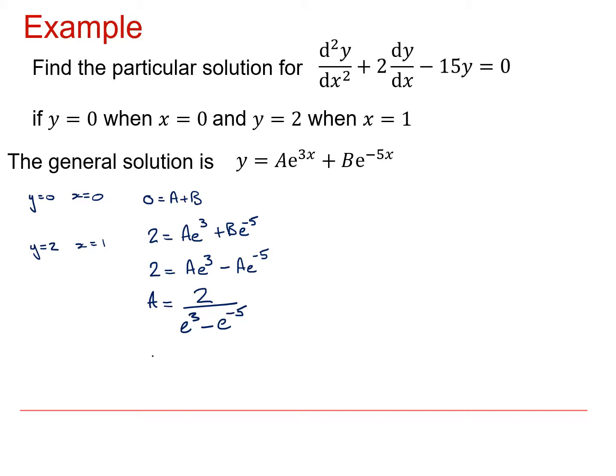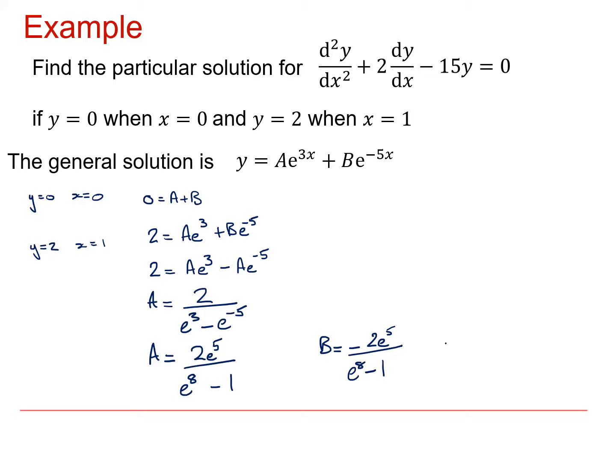And if I times top and bottom by e to the 5, I'm going to get that a is equal to 2e to the 5 over e to the 8 minus 1. We've already said that a is equal to minus b, so we're going to get that b is equal to minus 2e to the 5 over e to the 8 minus 1.